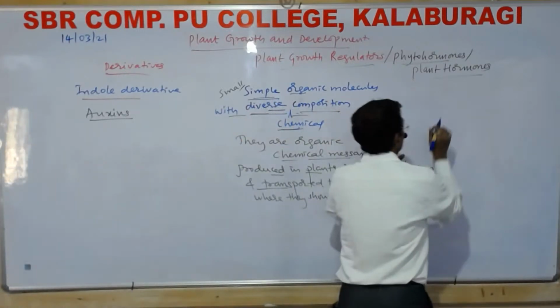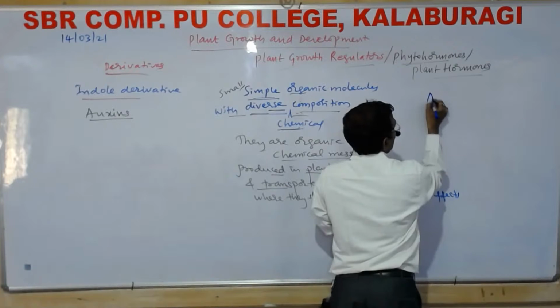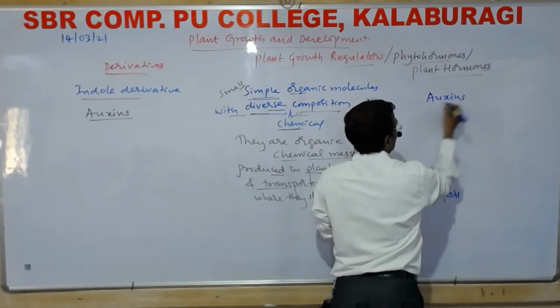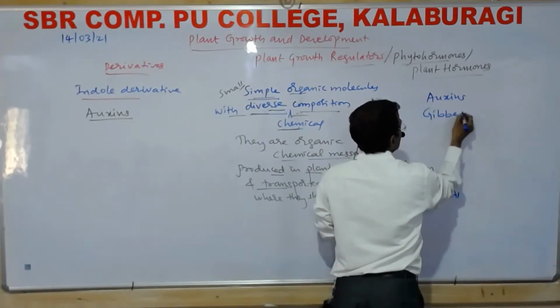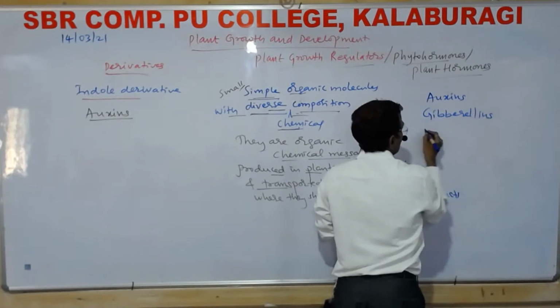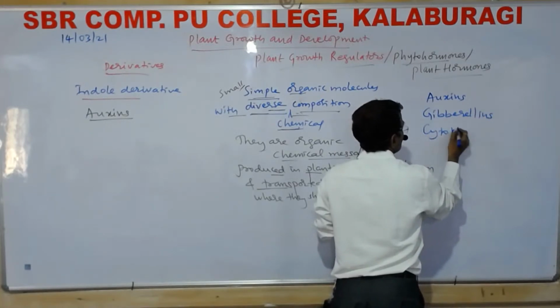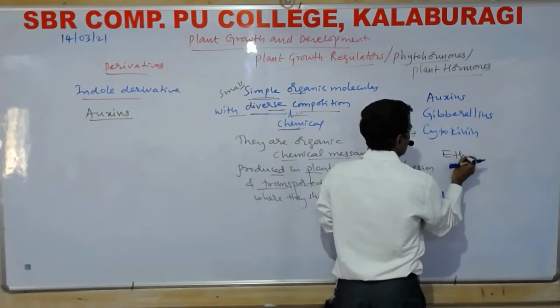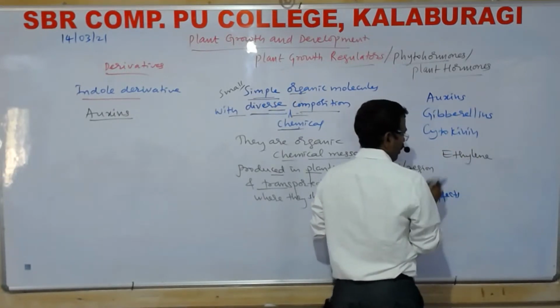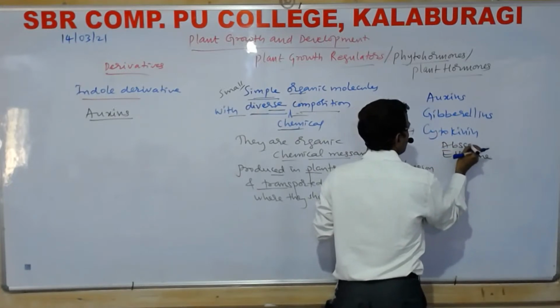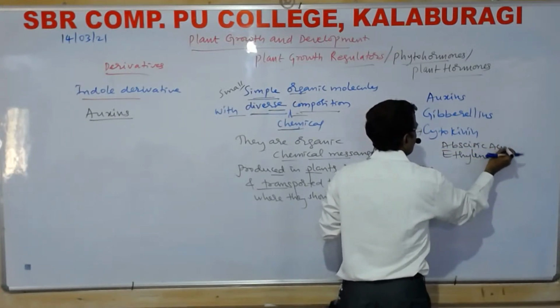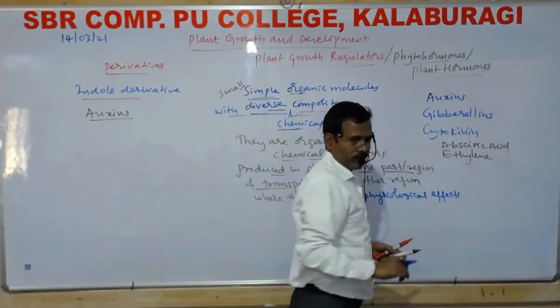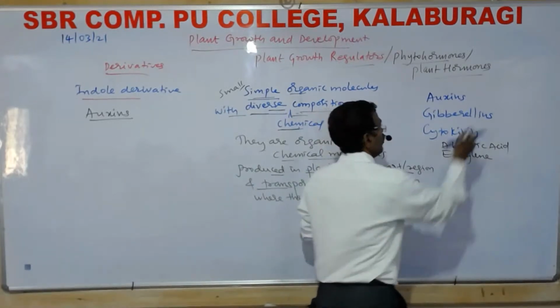I will write the names. These plant hormones, five: auxins, gibberellins, cytokinin, ethylene, abscisic acid. These five are there, right?